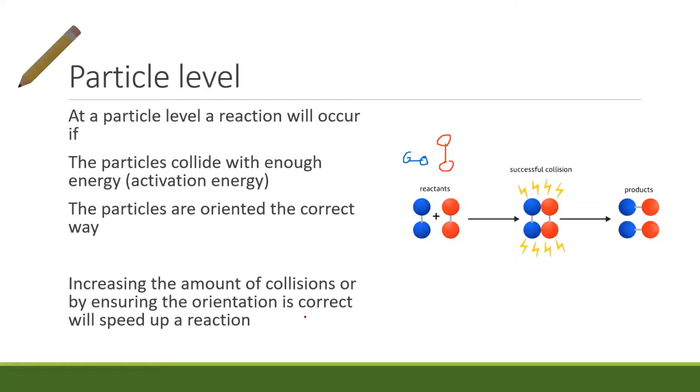Eventually, one of the particles will collide in the right way to get the reaction to work. And if you make sure that you've got enough energy and your orientation is correct, then you will speed up the reaction. It will actually make that reaction go faster.